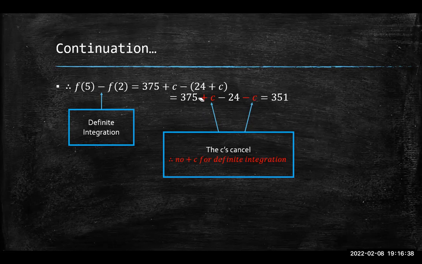These c's cancel, plus c minus c, they're going to cancel. And hence the only thing I remain with is 375 minus 24, which is 351. And that just goes to show you, with definite integration, the c's would cancel because plus c minus c, they would cancel each other out. Do you understand that? Or would you like me to explain it again?